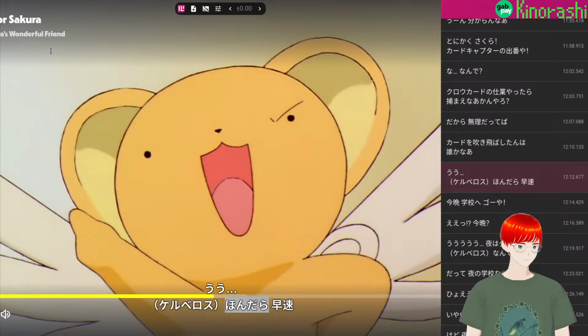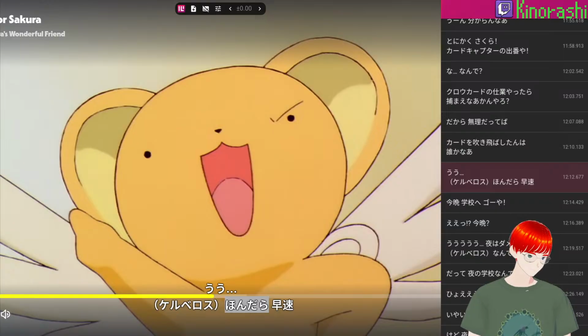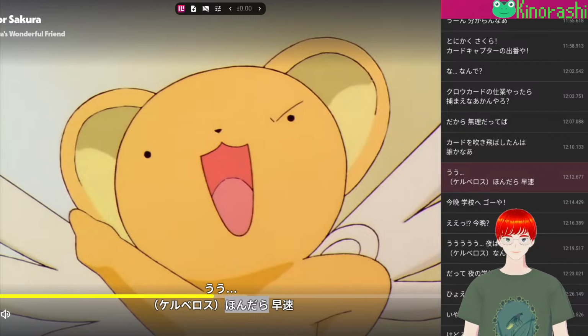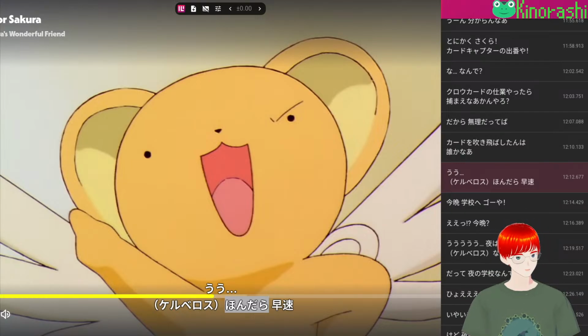So explain the grammar behind hondara. Ora is described as a filler word used in Japanese, often to seek agreement or to fill a pause, similar to, okay.